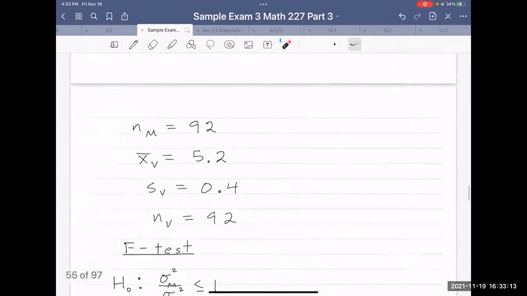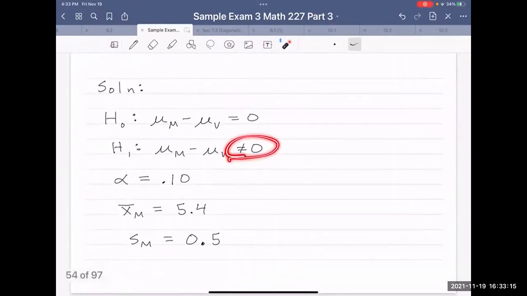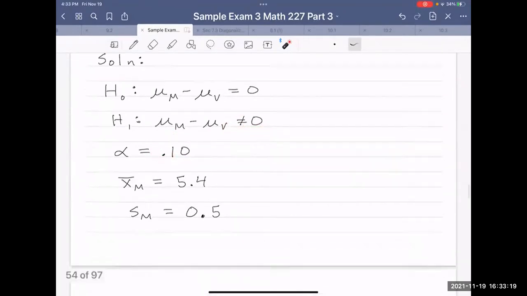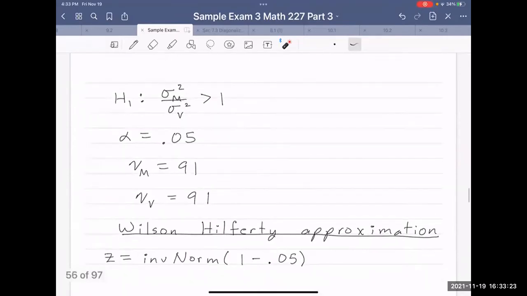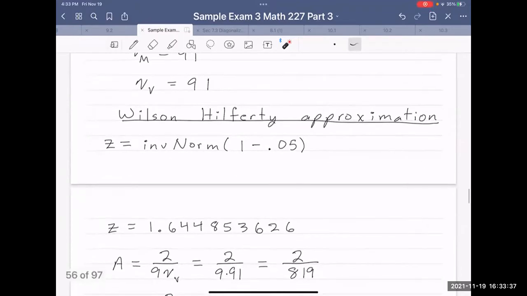Now, since we're going from a two-tailed test, alpha equaling 10%, to a one-tailed test, then alpha is equal to 5%. So alpha is equal to 0.05. Degree of freedom for both Maryland and Virginia is 91. So let's try to find the critical value.